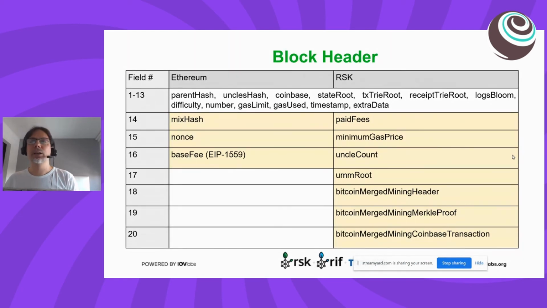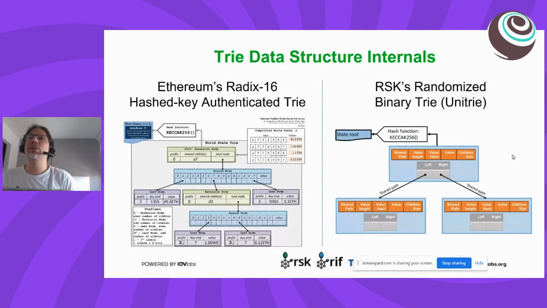Okay, so I have very little time, so I'm going to go faster through this. This is one of the most interesting things that I like from RSK compared to Ethereum, which is that the inner data structure that holds the state is a binary trie. From launch, it has been a binary trie.